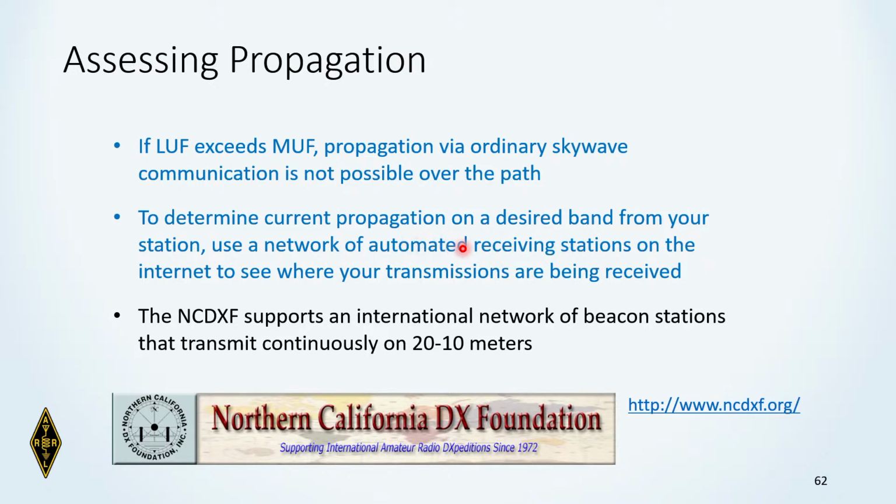To determine current propagation on a desired band from your station, use a network of automated receiving stations. I just gave you an example of the reverse beacon network. We talked about WSPR, the low level propagation reporting mode. That's another means that you can use.